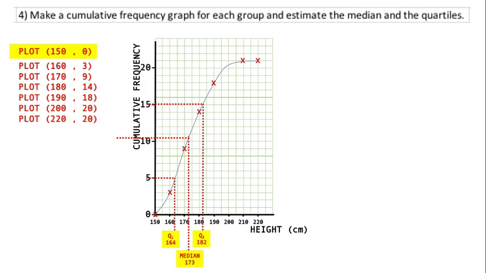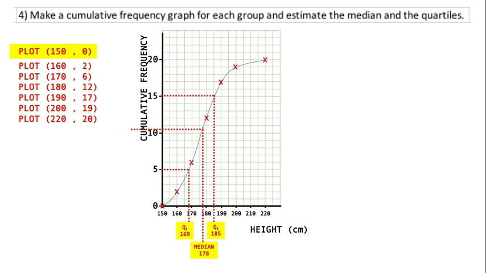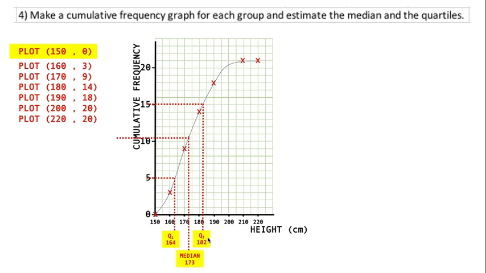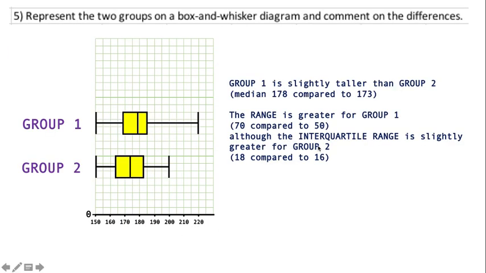Yeah, so to recap, I'm not sure I said that right before. 185 minus 169, 16. 182 minus 164, 18. So the interquartile range is slightly greater for group 2, 18 compared to 16.